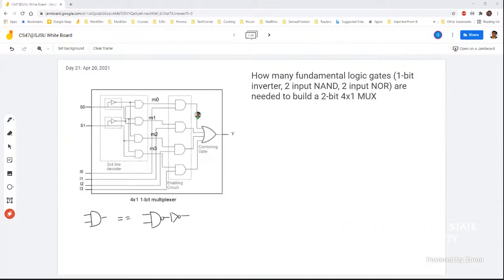That we can actually do like this. This is almost like, let's derive A or B or C or D. Now, if we want to do A or B or C or D, it is NOR and an inverter.